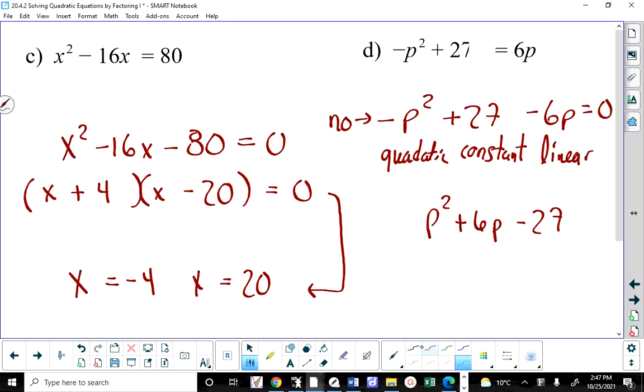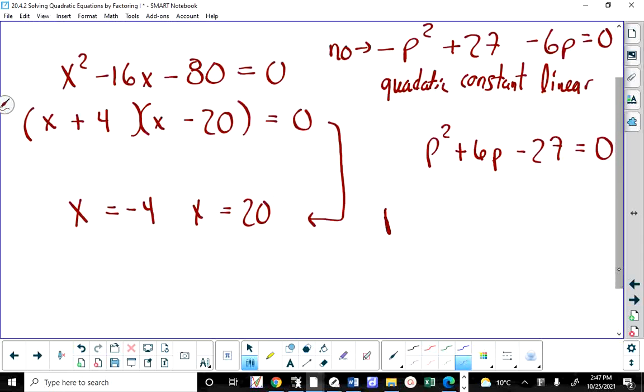Now, look up here, please. I moved everything to the right side, correct? So that means this, right? I will almost never write that. Even though I moved stuff to the right, it's still equal to 0, right? If you want to put the 0 on the left, you can, but it doesn't matter where you put it. So have at her.